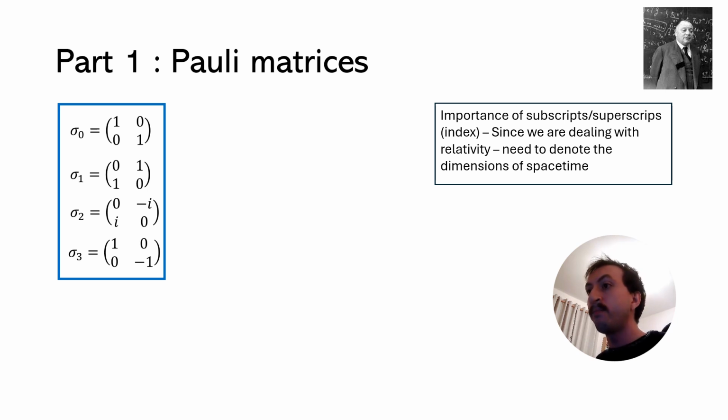So the Pauli matrices have, in this example, subscripts. Most of the time they have subscripts, and the importance of the subscripts is to imply whether we're talking about time or space. So 0 is usually referred to as the time component for a 4-vector.